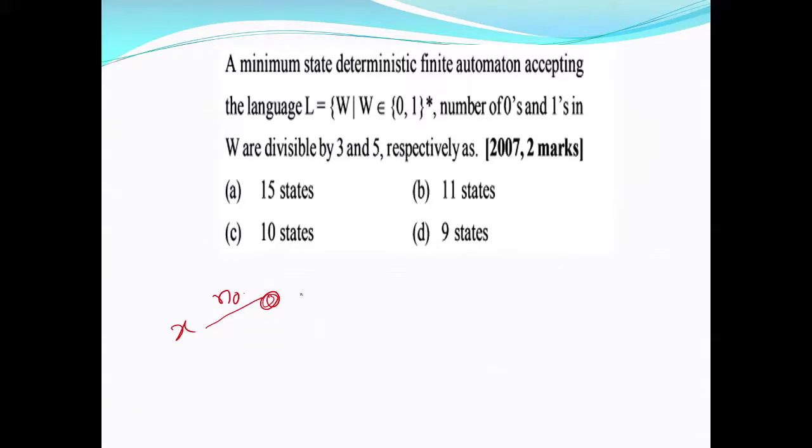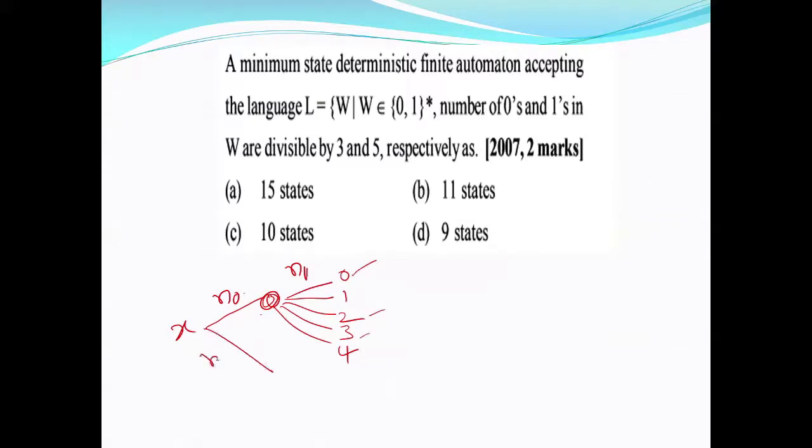Now, suppose you take the number of ones, it could be 0 or 1 or 2 or 3 or 4. Right? 0, 1, 2, 3, 4. Number of zeros is divisible by 3 and number of ones divisible by 5 means this, or it is not divisible, you may get this or this or this or this as the possibility.